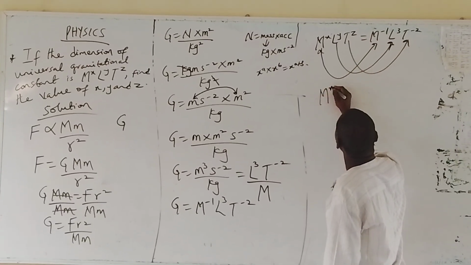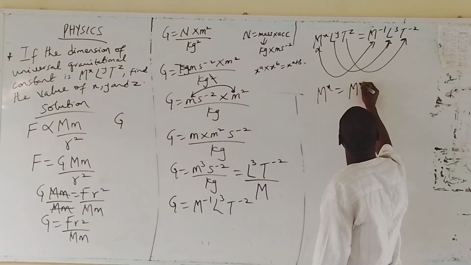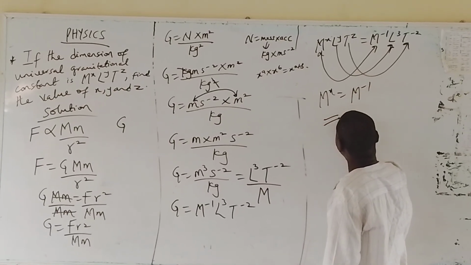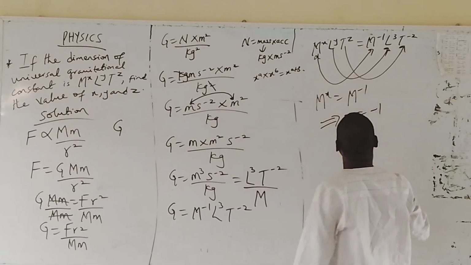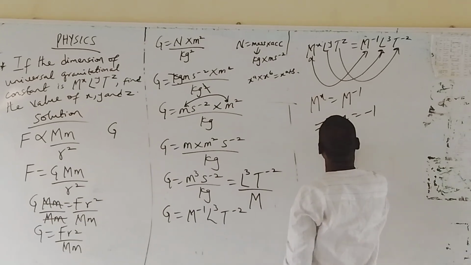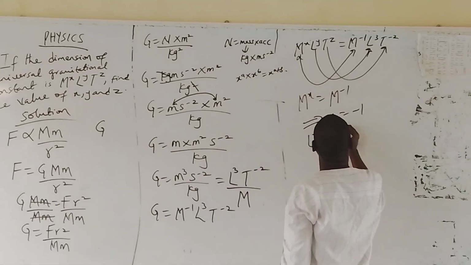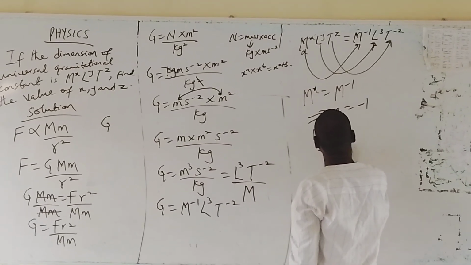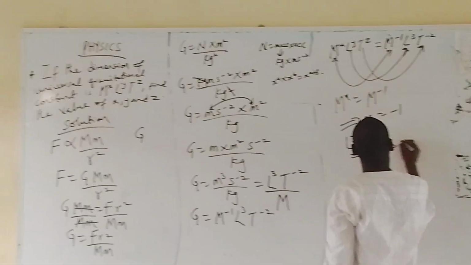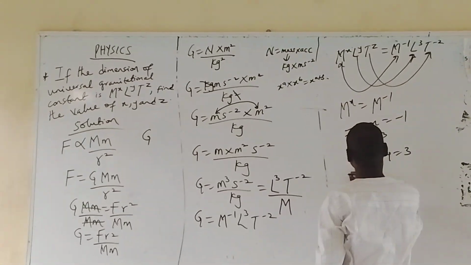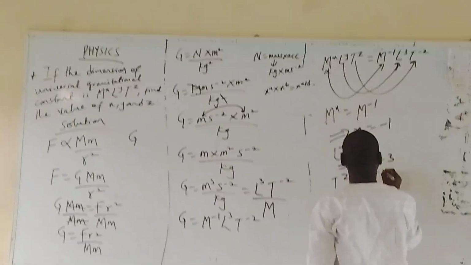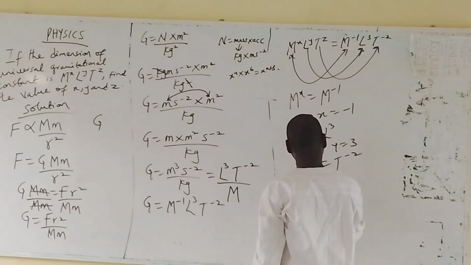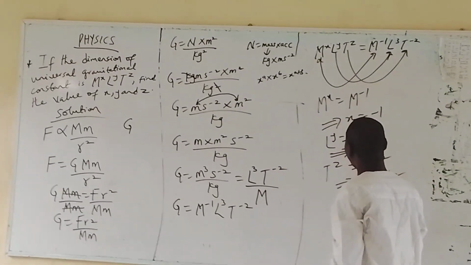So M to the x is equal to M to the minus 1. What does that imply? It implies that x is equal to minus 1. Then L to the y is equal to L cubed, which implies that y is equal to 3. Then T to the z is equal to T to the minus 2, which implies that z is equal to minus 2.